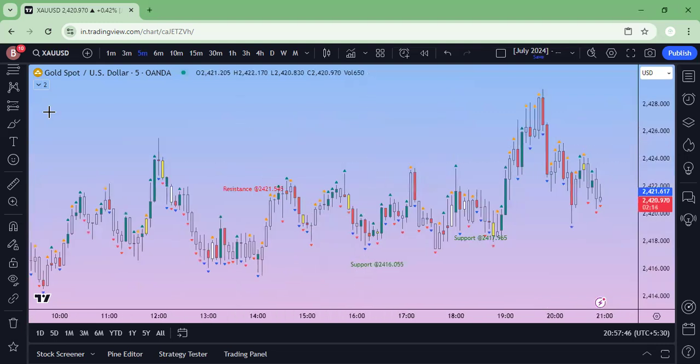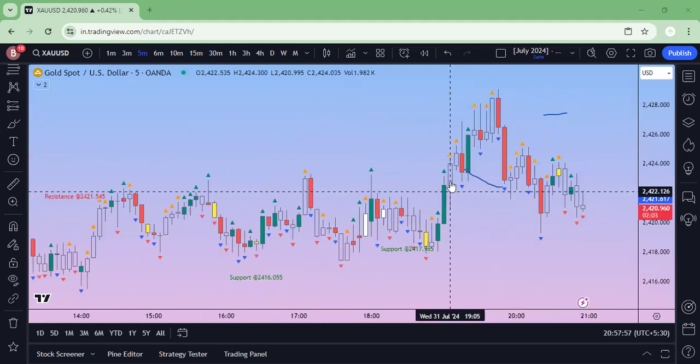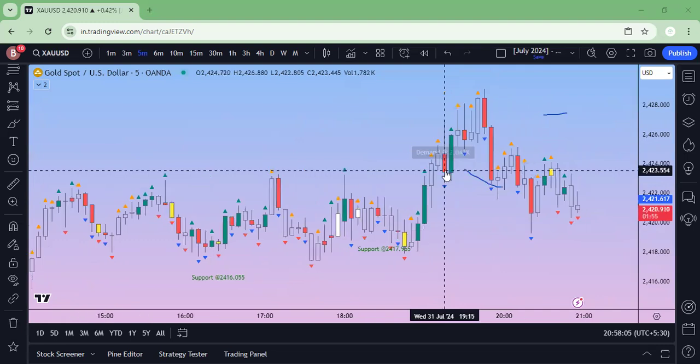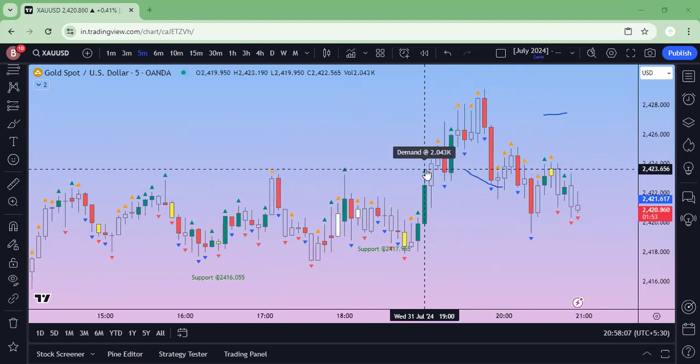For example, green means prices are increasing, red means prices are falling. Now, if you hover your mouse here, you can say demand is there. Whenever you bring your mouse over this, you would see demand, and there would be volume printed on it.